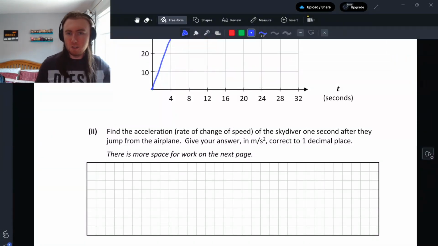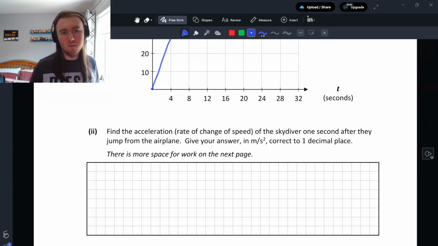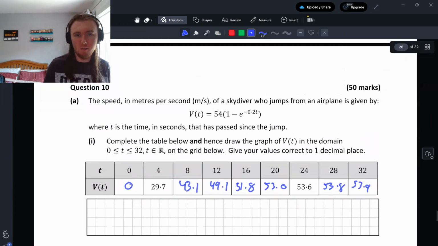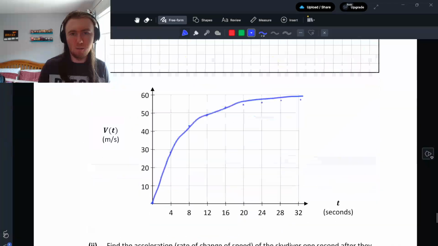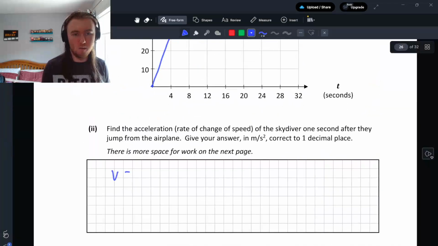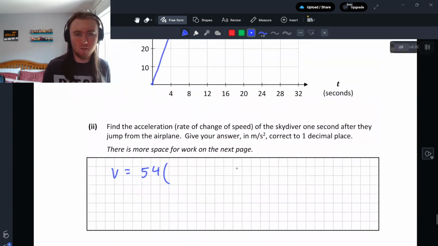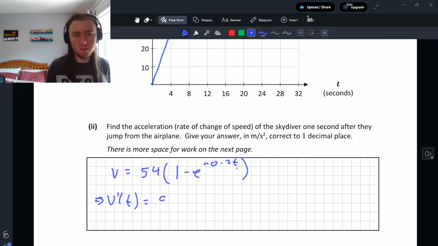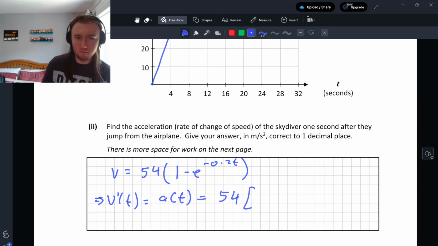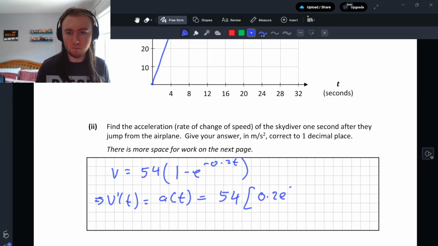Find the acceleration, the rate of change of speed of the skydiver, 1 second after they jump from the airplane. So that was their speed, 54 times (1 minus e to the minus 0.2t). So v prime of t, which is the acceleration, is just 54 times this, which is 0.2 e to the minus 0.2t.